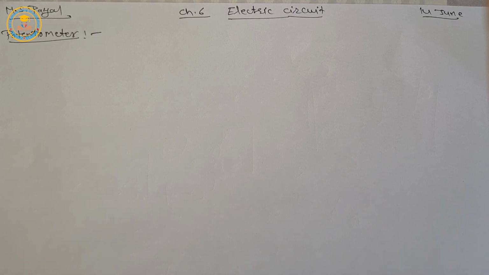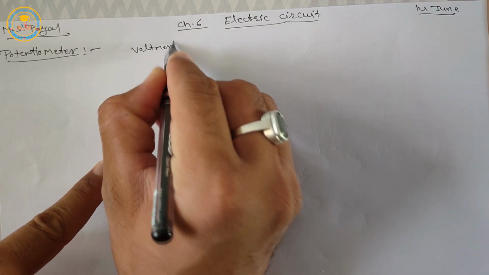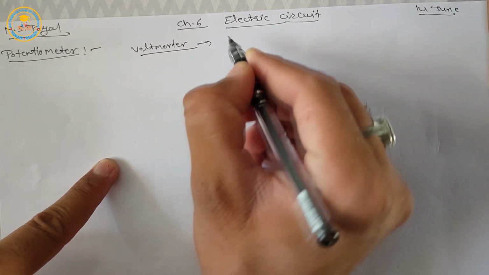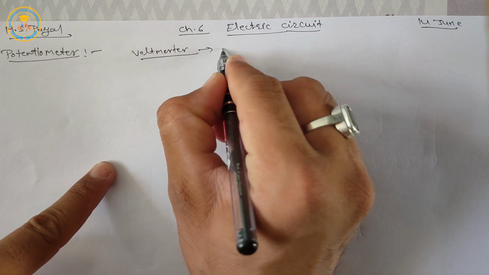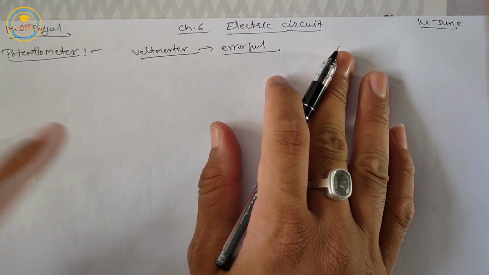But now you say that the voltmeter also measures the potential difference. So why is it needed? Because the result of a voltmeter is erroneous.